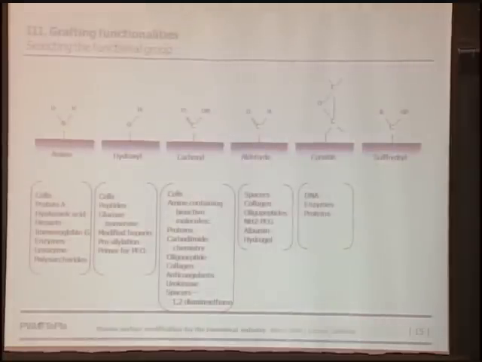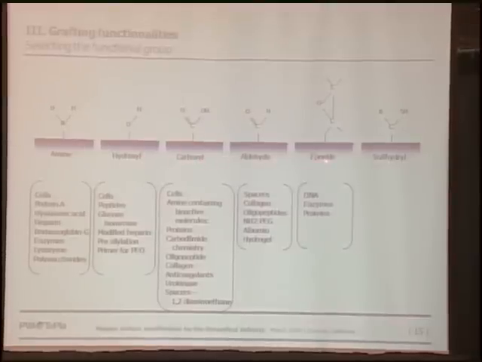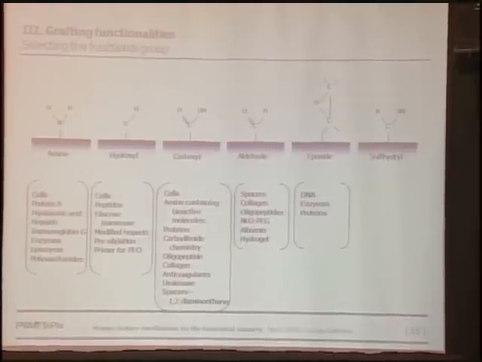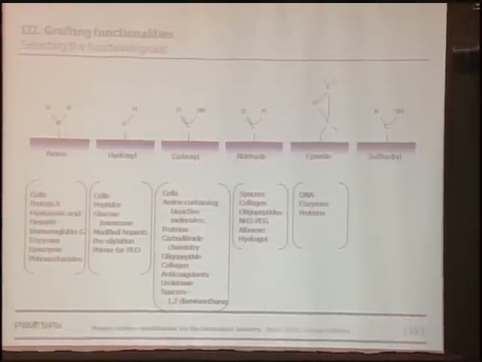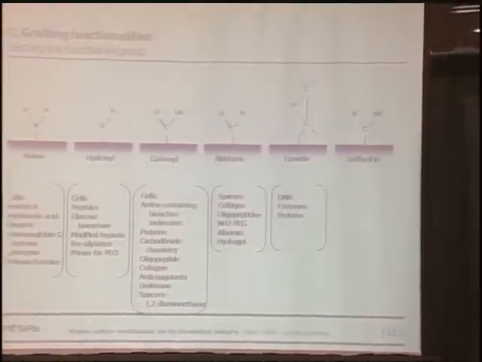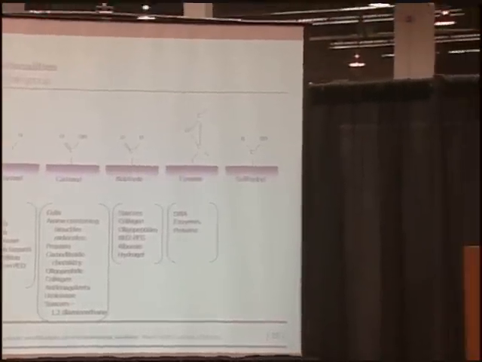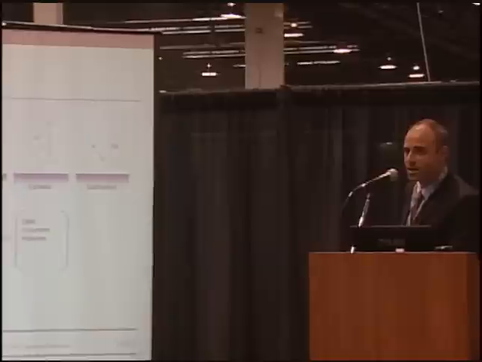Okay, let's talk a little bit about the chemical functionalities that we're able to get down on surfaces. You can see them across the top here: amines, hydroxyl groups, carboxyls, aldehydes, epoxides, and sulfhydryls. And I went to the literature and I found all of these different types of biomaterials that were deposited on the surface using these functionalities.